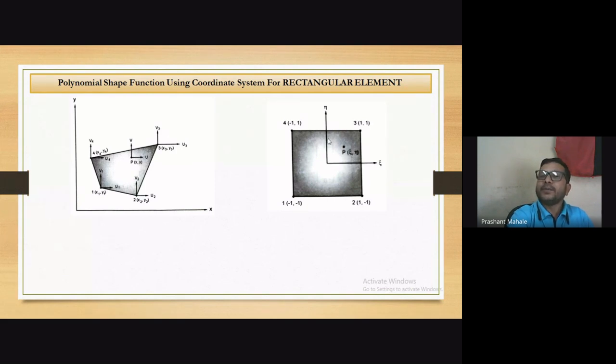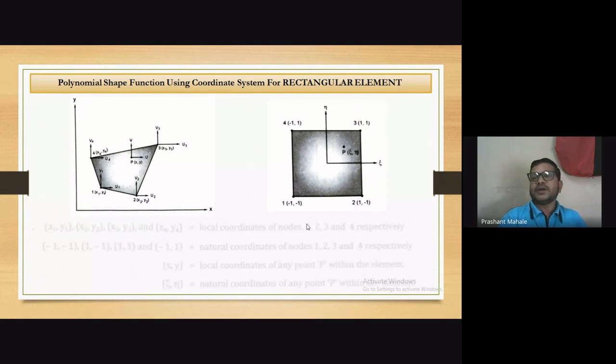The values above that horizontal line for eta are positive, and values below that horizontal center line are negative. Then you can see that for 1 and 2, eta is -1, for 4 and 3, eta is 1. Anyway, so this is the basic consideration that is required for further analysis.